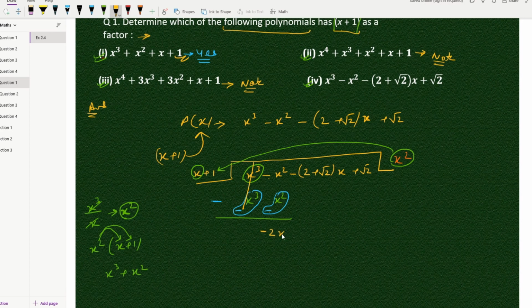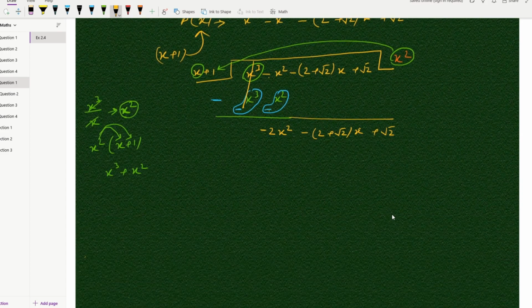It will be minus 2 x square. Here we have got minus (2 plus root 2) x, and here we have got root 2.